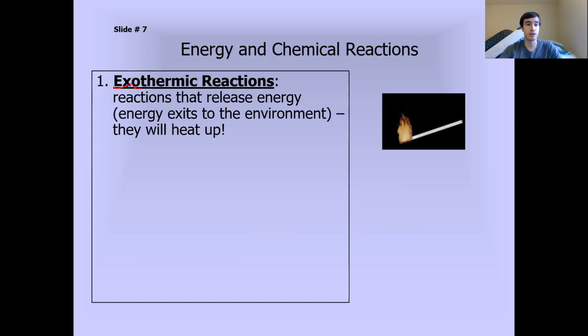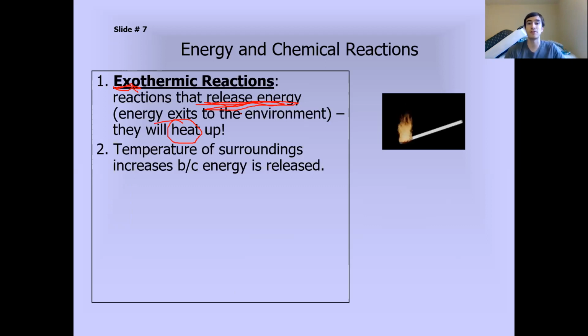Exo in science means like out, like leaving. So exothermic reactions are ones that release energy into the environment. So part of the chemical reaction involves giving energy off into the environment. A lot of times, this energy will be in the form of heat energy.